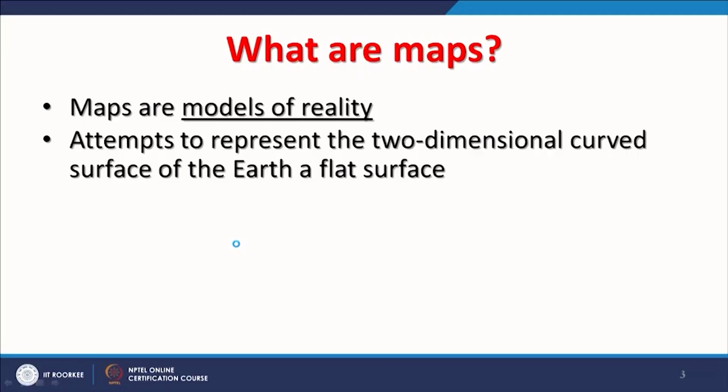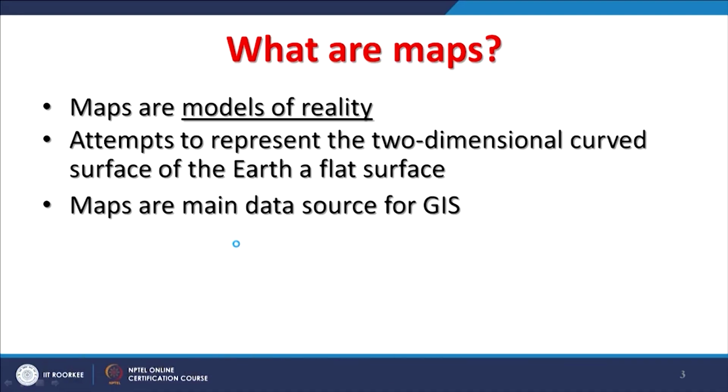Maps are models of reality, and what we try to do when creating maps is represent the 3-dimensional curved surface of the earth as a flat surface. Maps are the main data source for GIS, because in GIS we mainly handle different layers, and these layers are digital maps or in digital formats.